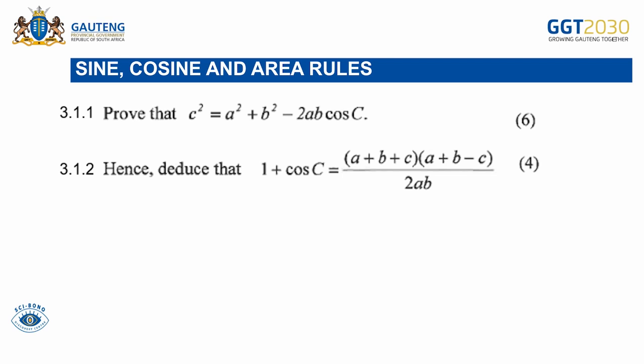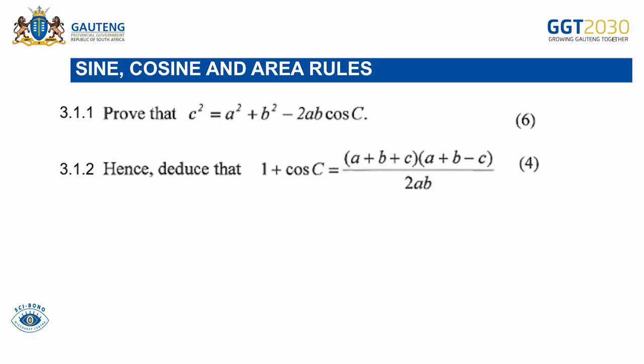Prove that c squared equals a squared plus b squared minus twice ab cos C. Having done that, hence or otherwise, deduce that 1 plus cos C equals the product of a plus b plus c and a plus b minus c, divided by 2ab. 10 marks. What a question.